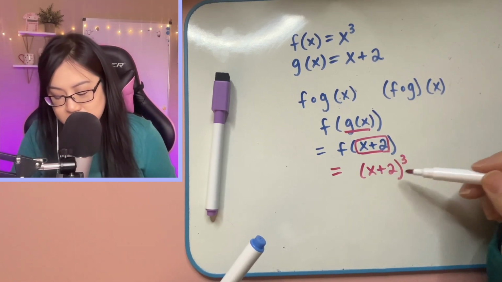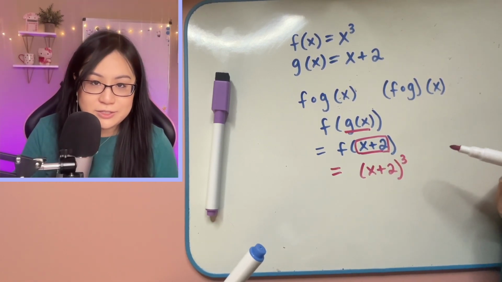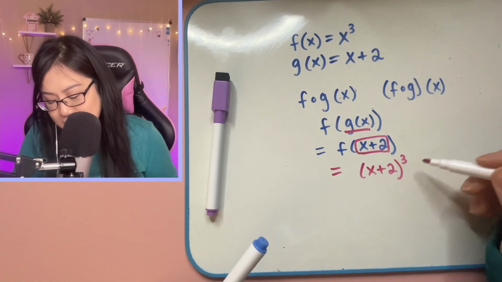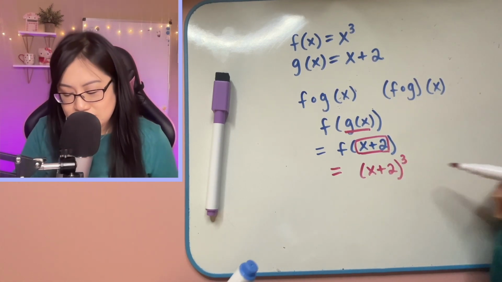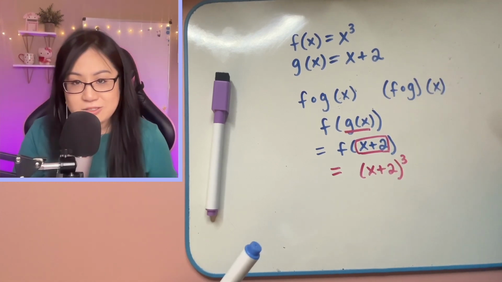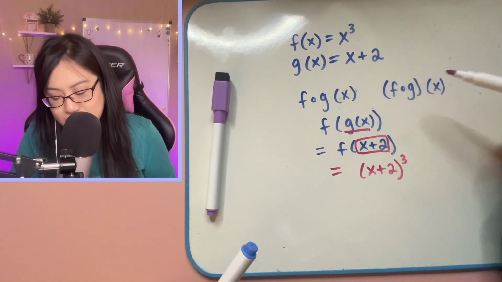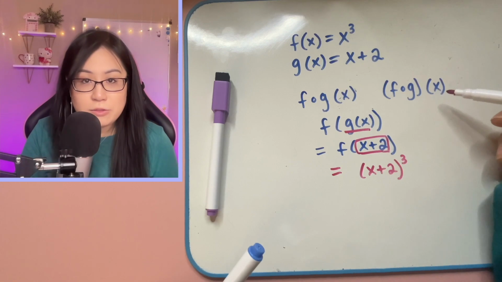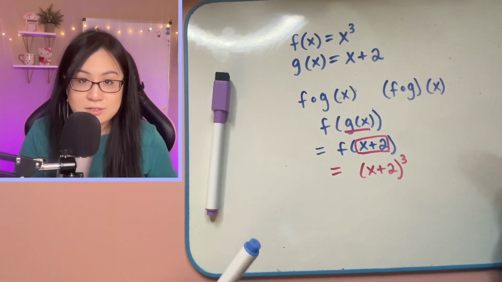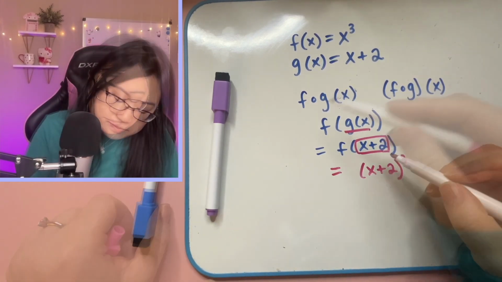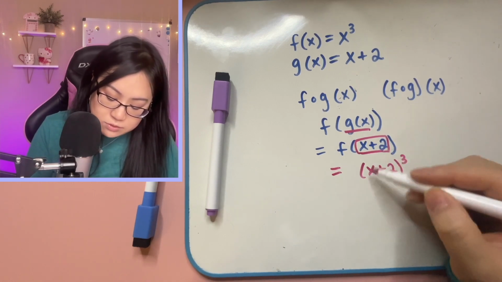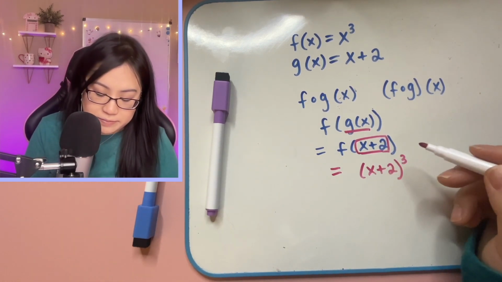Okay, x plus 2 cubed. And from there you can do whatever you want with this. It's fine to leave it like this. You can expand it, depends on the question. You might have like f of g of 3, and then you plug in 3 for x and take it from there. But this is the actual composition step.